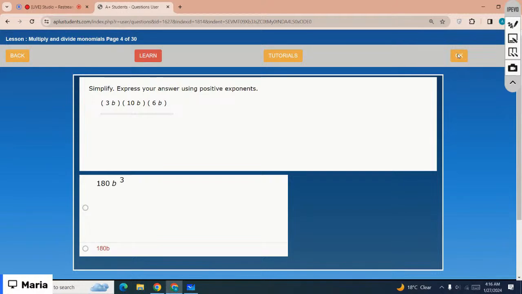Yes, again that is option number 1, 180b cube is the correct option.